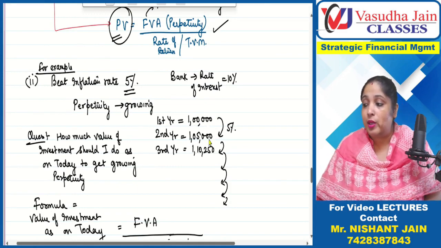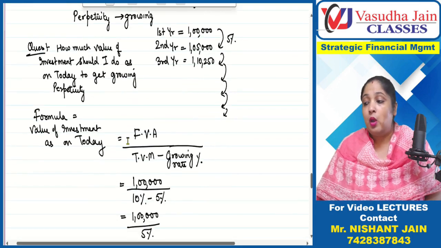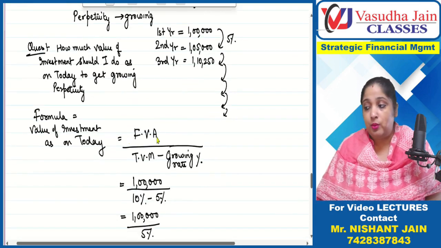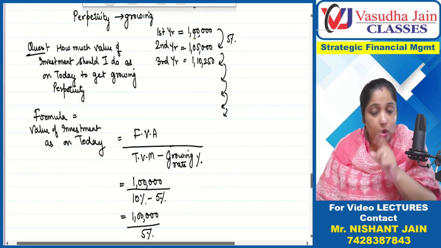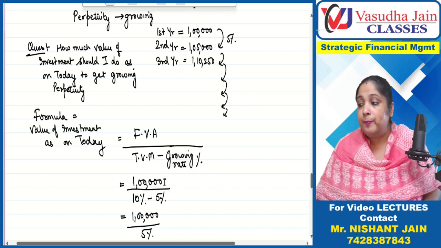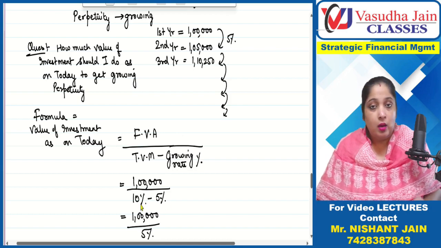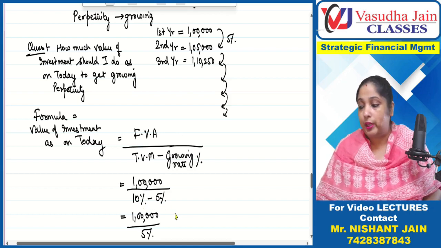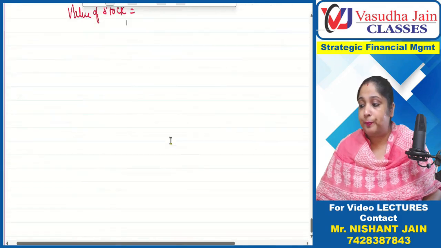Then what formula did I tell you? Whatever future benefit you are going to get from the first year onwards, write that, then divide by the time value of money minus the growth rate. Same formula I am going to put here.